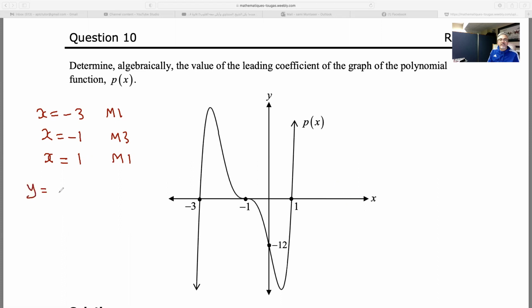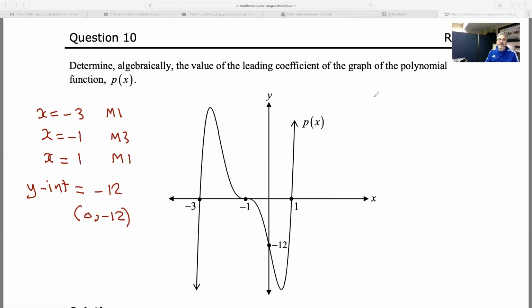Also, we have a y-intercept. That is negative 12. So basically, I have a point at 0 and negative 12 that I'm going to use to find out what my leading coefficient is.